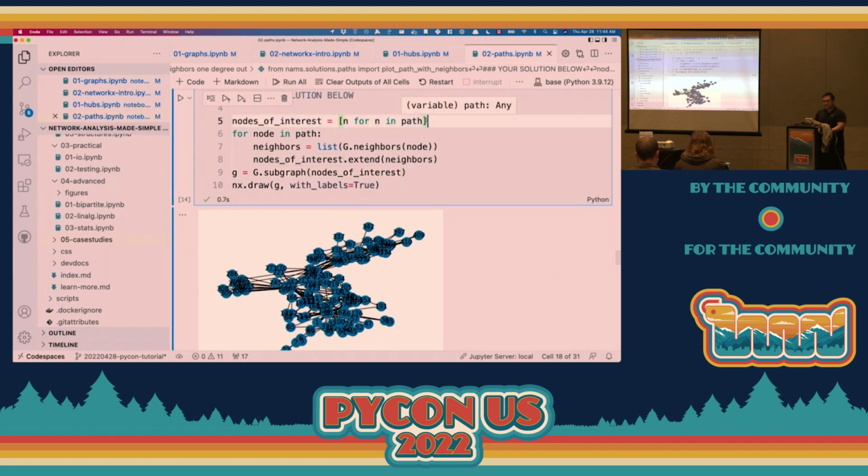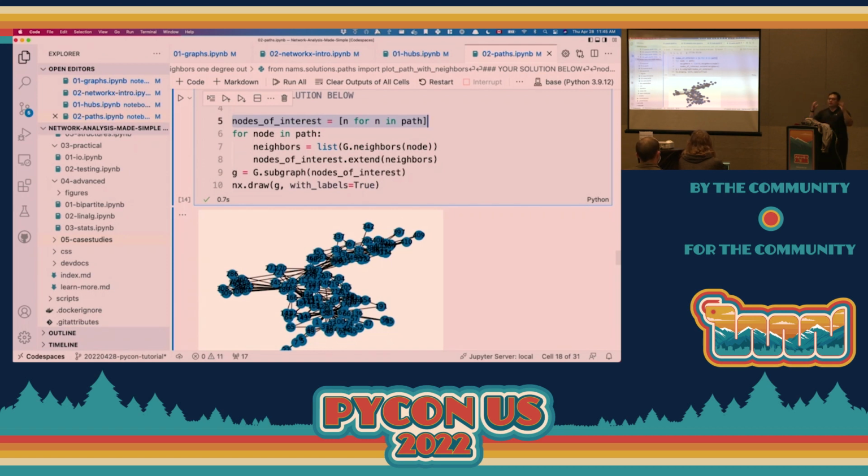Okie dokes. So in the interest of time, I'll walk everybody through the solution, of course with the knowledge that we can always go back and attempt the exercise on our own time, all right? So first things first, we know that we want to collect not only the nodes that are along a path, but also those nodes' neighbors at the same time.